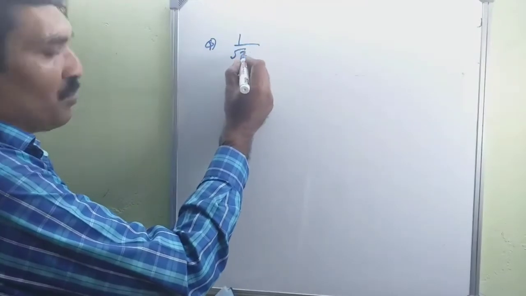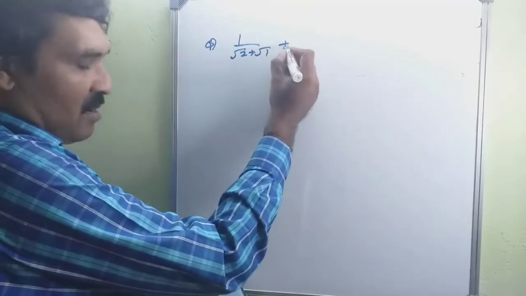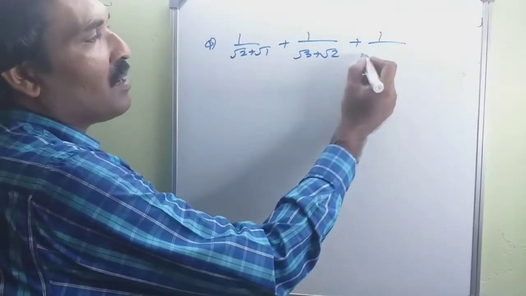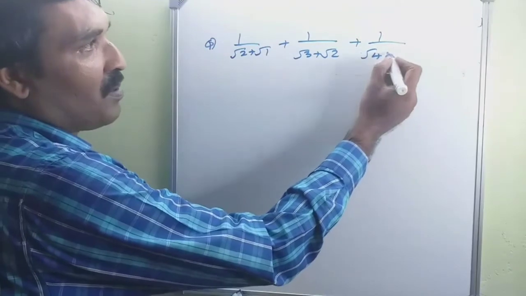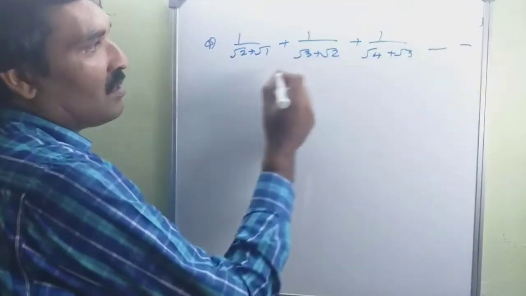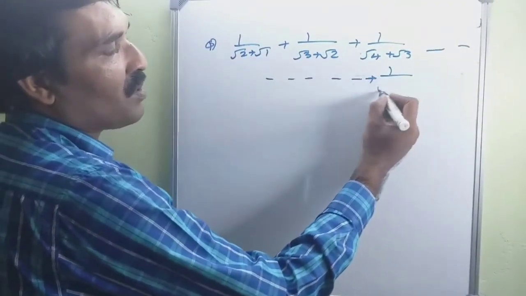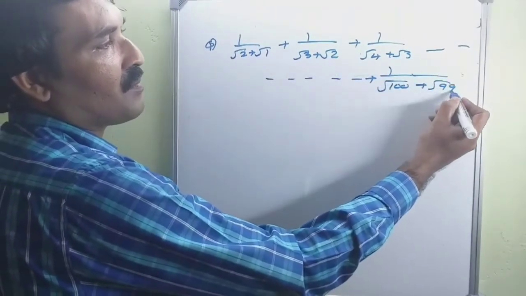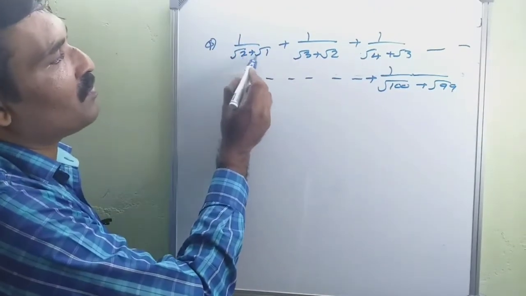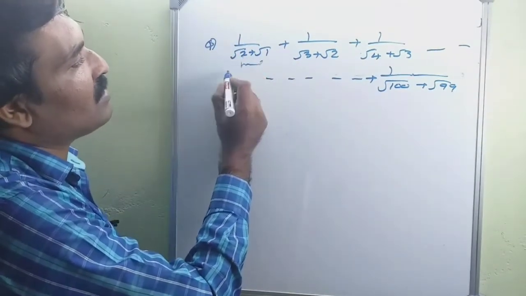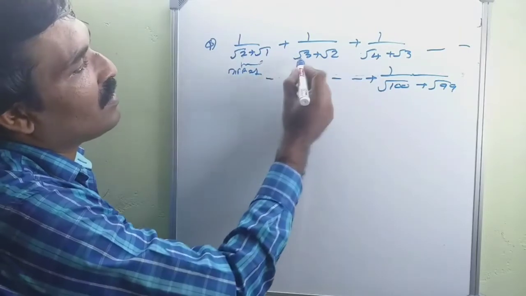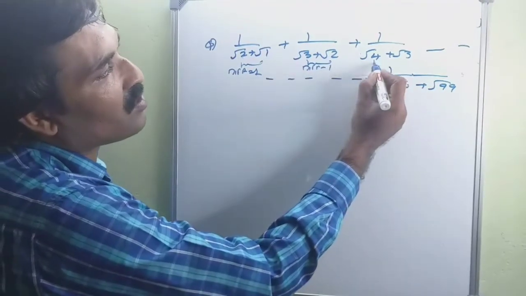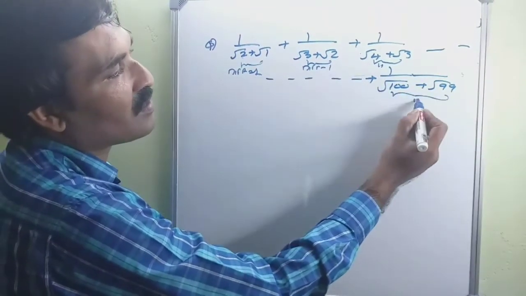1 by root 2 plus root 1 plus 1 by root 3 plus root 2 plus 1 by root 4 plus root 3, and this continues up to plus 1 by root 100 plus root 99. There is a similarity: root 2 plus root 1, root 3 plus root 2, and the difference is 1 each time.